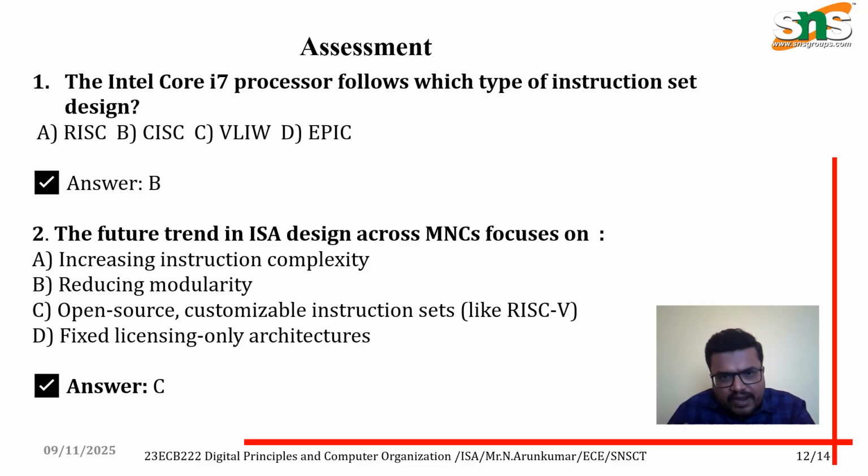Assessment. Does the Intel Core i7 processor follow which type of instruction set design? Option A RISC, B CISC, C VLIW, and D EPIC. The answer is CISC, because the Intel processor in the laptops we are using is a CISC processor, a complex instruction set computer, and they use a CISC processor for all the processor units. And the next one: the future trend in ISA design across the MNCs focuses on increasing instruction complexity, reducing modularity, open source customizable instruction sets, or fixed licensing-only architecture.